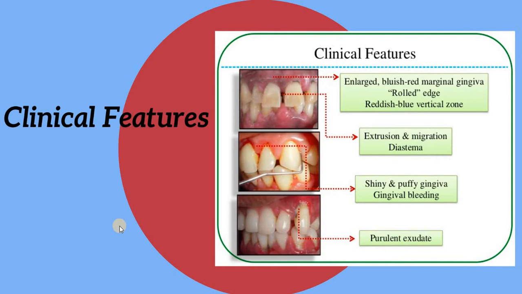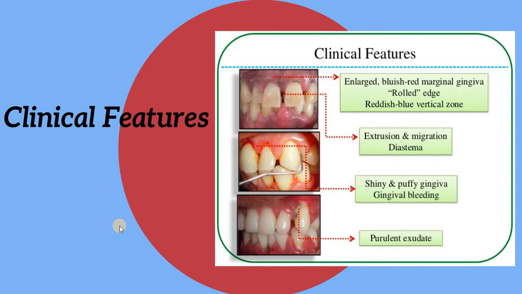When you press the tissue, there will be a formation of a pit on the wall of the pocket. Less frequently, you may see gingiva which is firm and pink, but it's less frequently seen.